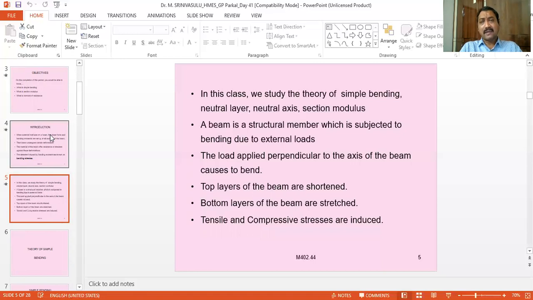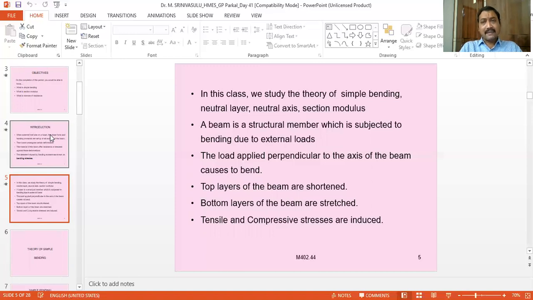Here each individual layer is free to expand or contract without depending on the other layer.